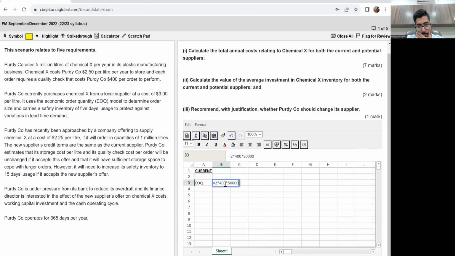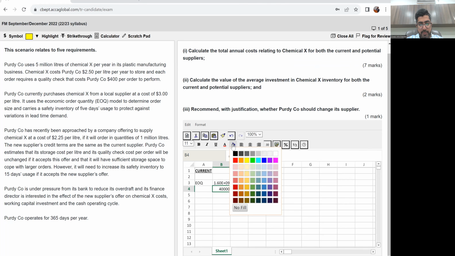Divided by CH, which is 2.5. You need to take the root of that, the square root, or you can just put it on the calculator. Current EOQ is 40,000. So you need to find total annual cost of stock on 40,000.